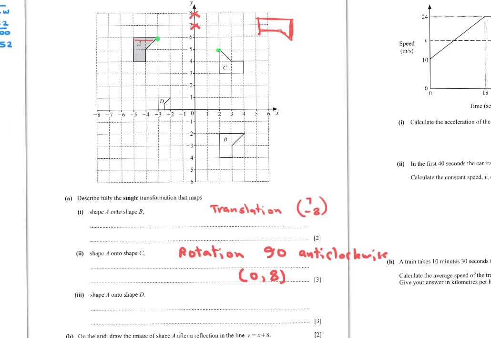We need to find the center of enlargement, so join a point and its image, and one more point and its image, then extend the lines to meet at the center of enlargement. From the drawing, they intersect at the point -1, -4. So this is an enlargement, scale factor 1 over 2, center -1, -4.